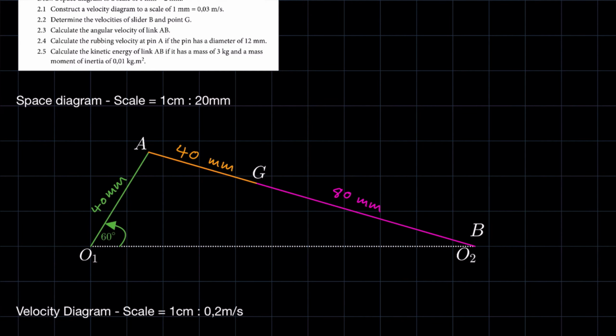So that's the first point you draw on your velocity diagram: a point that represents any and all fixed points.